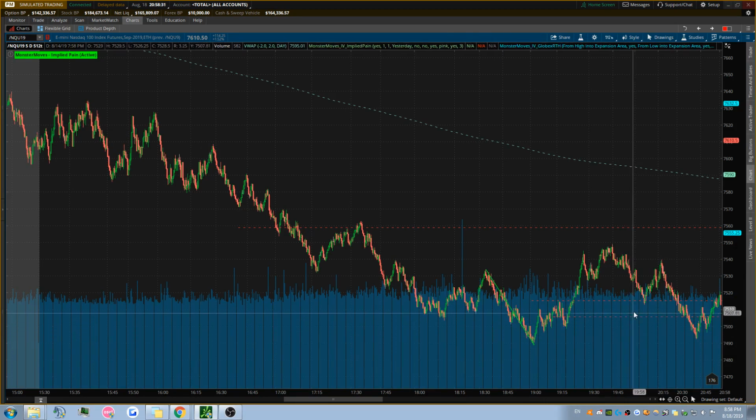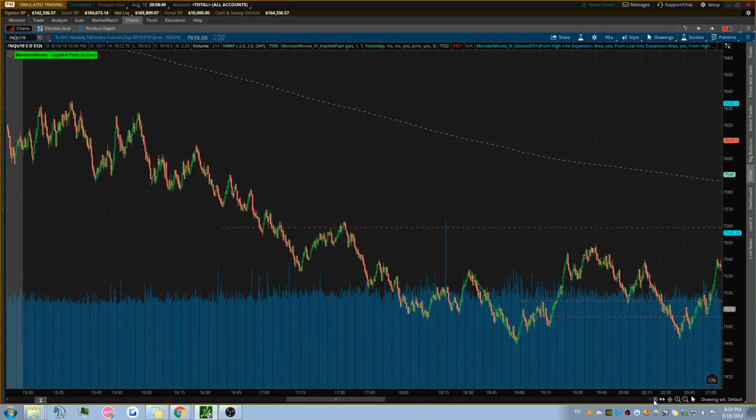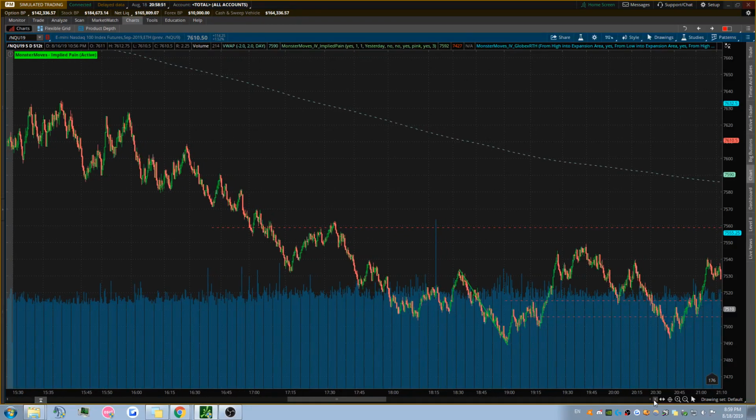That definitely should be a third entry. Oh, I just realized this stop is actually pretty huge. 15 to 89. It's almost 20 points. But anyways, I got my two longs.